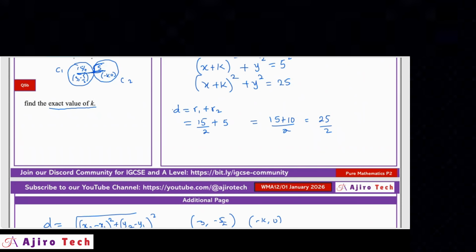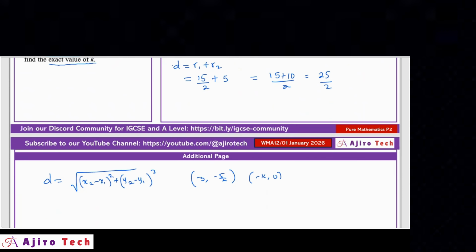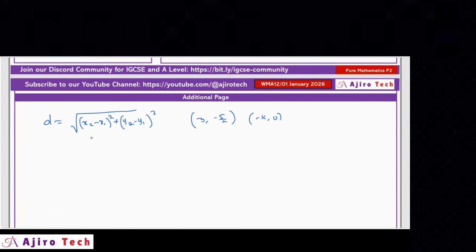So let's find the distance using the length of the line segment. We have 3 plus k, all squared, plus (-5/2 minus 0) all squared, equals the distance. This is the distance.